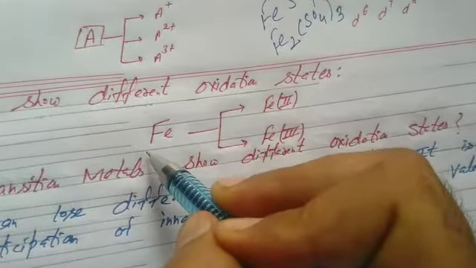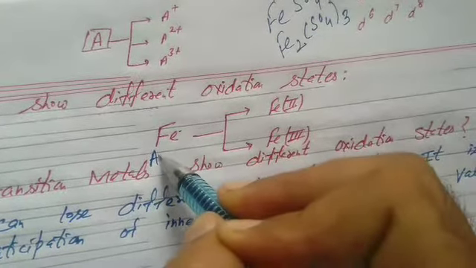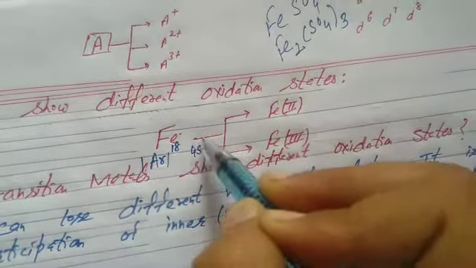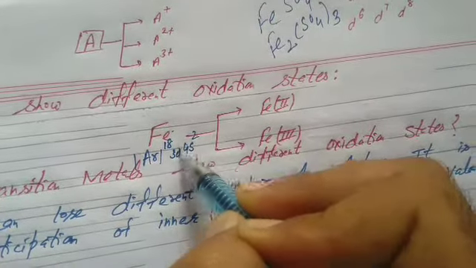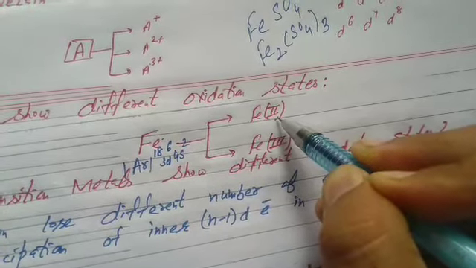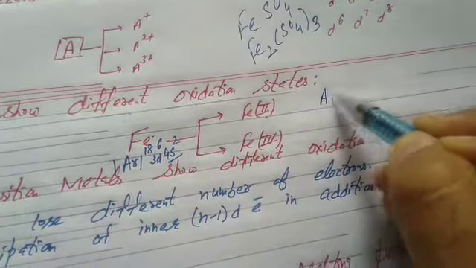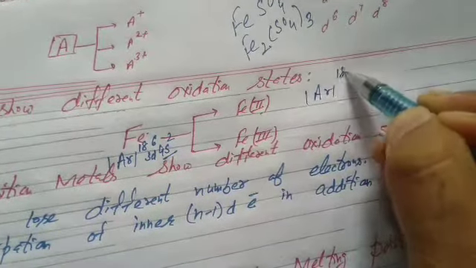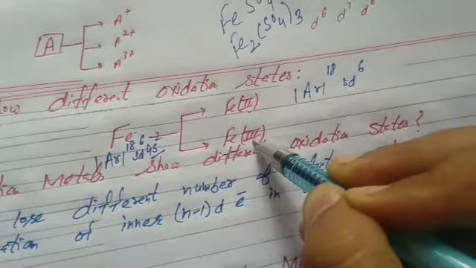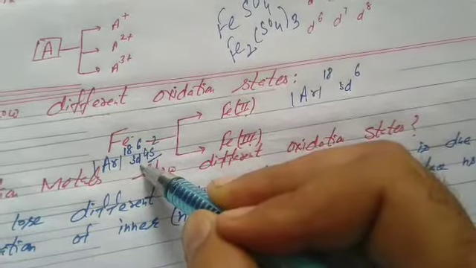Iron, atomic number 26. The nearest noble gas is argon. The configuration is argon 4s2 3d6. Iron 2 means it will lose its electrons from 4s subshell. Argon 18 3d6. When it forms iron 3, it uses its valence electrons 2 plus 1 electron from the penultimate shell, that is 3d subshell.